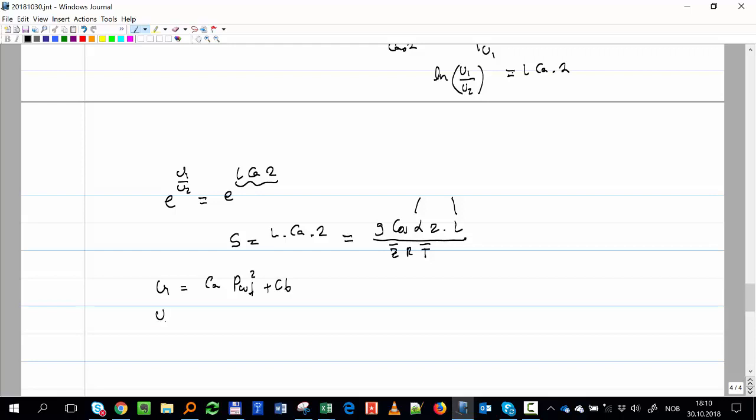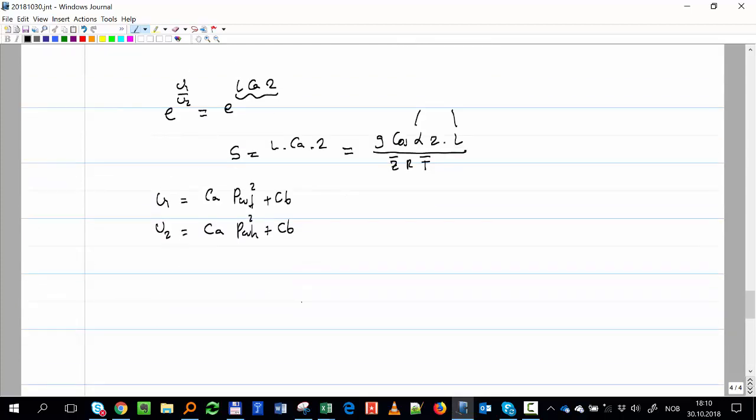And U2 was CA PWH plus CB, right? So I have, sorry, that's wrong, okay? Because that had a land, so this should be, okay, this should be like that.